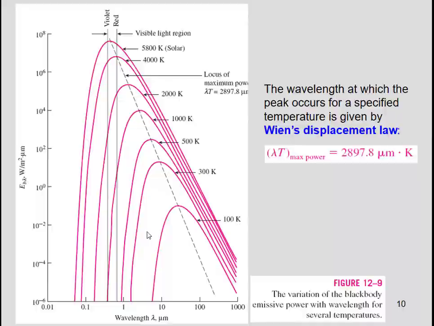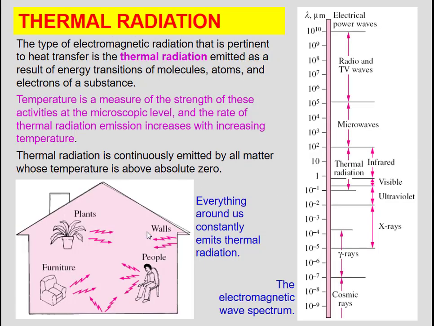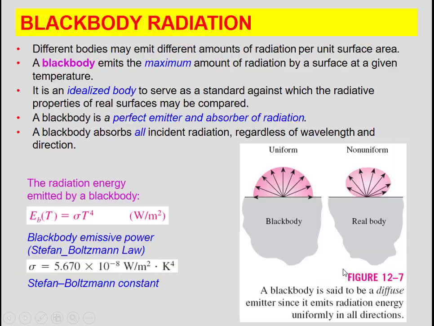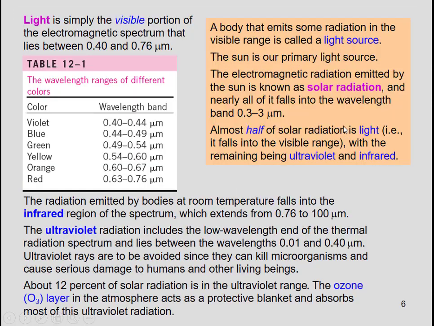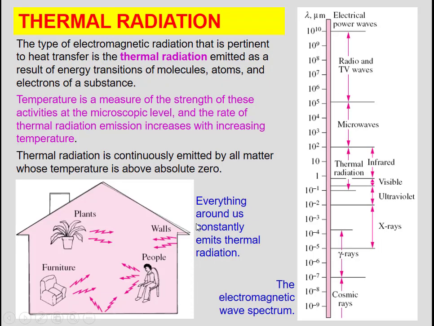I have introduced in this slide the electromagnetic wave spectrum, as you can see here. The equation I introduced gives the radiation energy for the whole range of the electromagnetic wave spectrum.